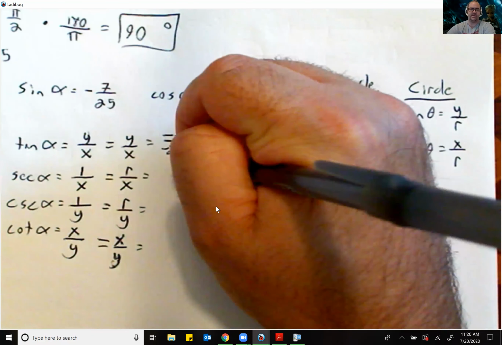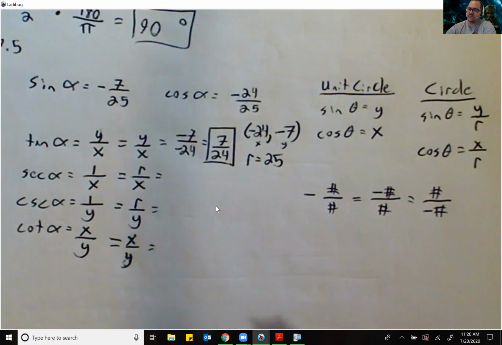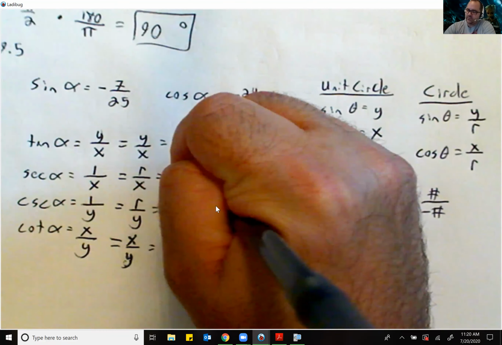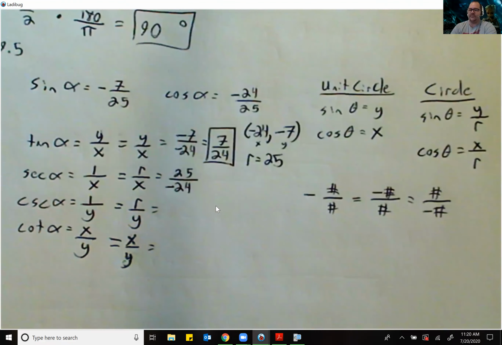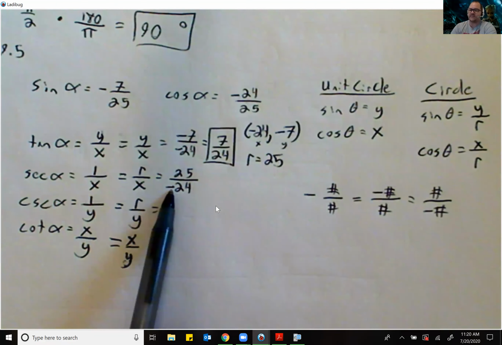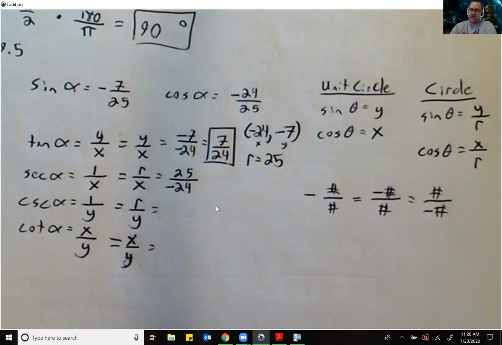So there's our tangent. Secant is r over x, so that'll be 25 over negative 24. And again, I could move the negative out front if I want. I could have moved the negative to the top if I really wanted, but this is just as fine of an answer.